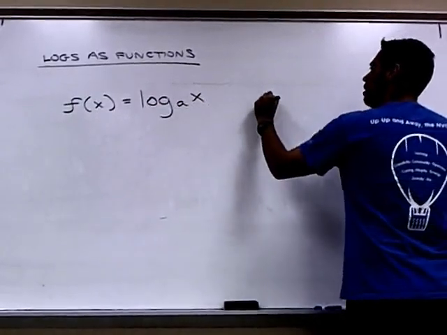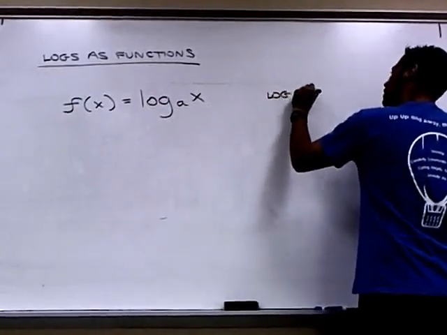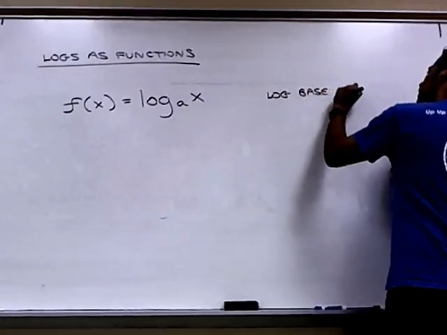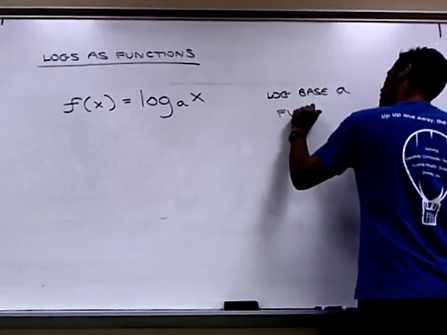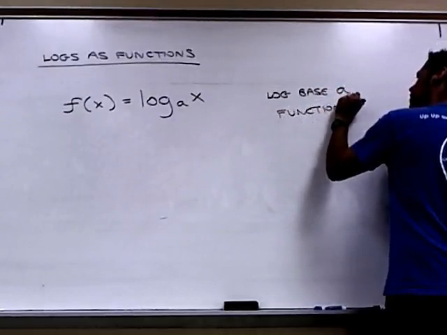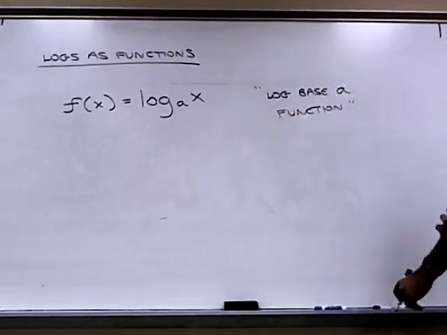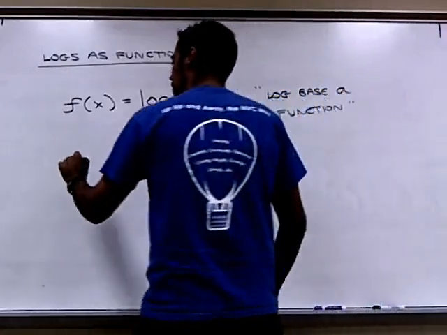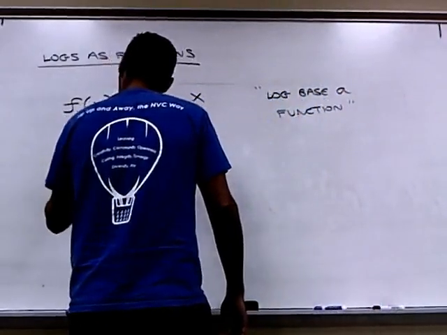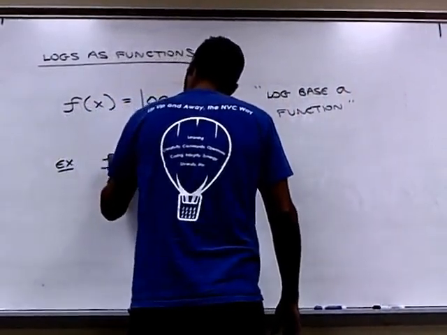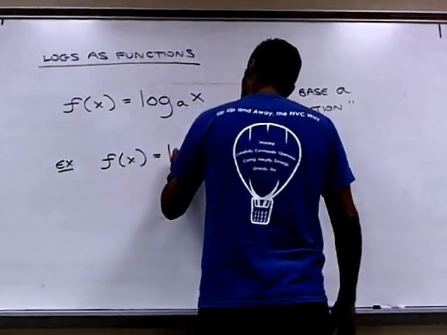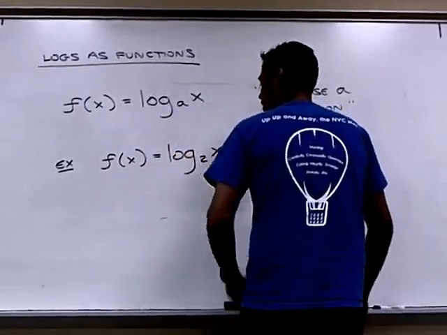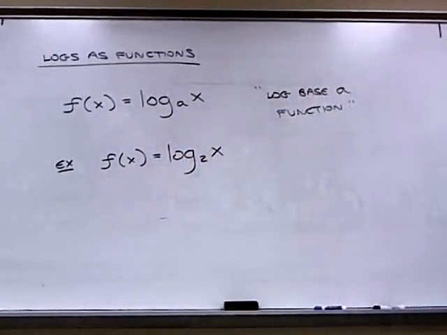This is called the log base A function. So let me give you a specific example of a log function. The log function is very similar to what we started with exponential functions. Log base 2 of x.